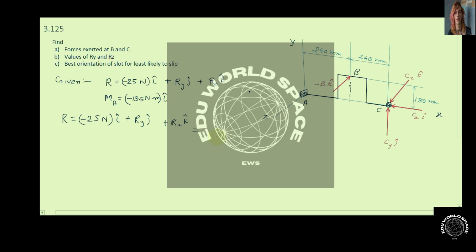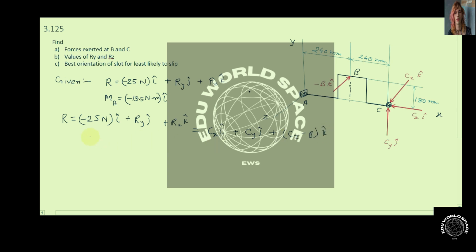And what are the actual forces acting? In x direction, only one force is there, Cx i cap. In y direction, again only one force is there, Cy j cap. But in z direction, there are two forces, so it will be Cz minus B k cap.